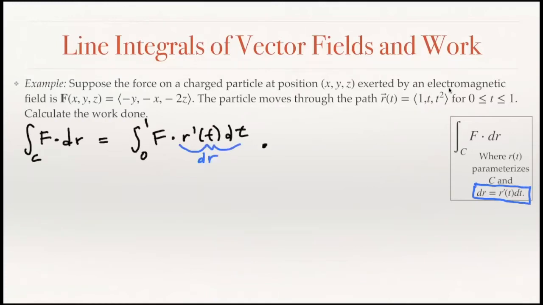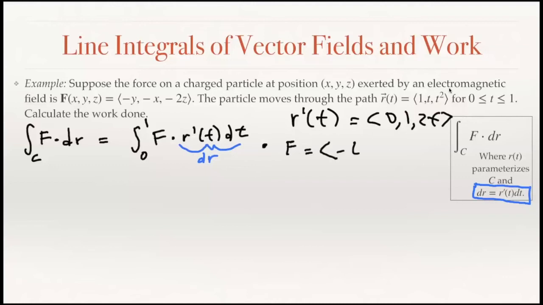Let's write some things out. Okay, so r'(t), that is (0, 1, 2t). It's just the derivative of this. And F, we need to get it in terms of t. That is (-t, -1, -2t²).